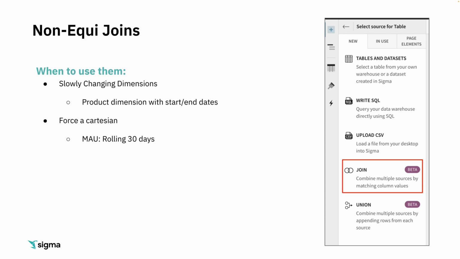They look at daily active users and monthly active users. Daily active users is pretty easy to compute. It's just a unique count of users per day. But monthly active users is actually a rolling 30-day unique count of users, which is much more challenging. So I'm going to show you what this looks like in the demo in just a minute. But non-Equi Joins is the way that you solve this problem.